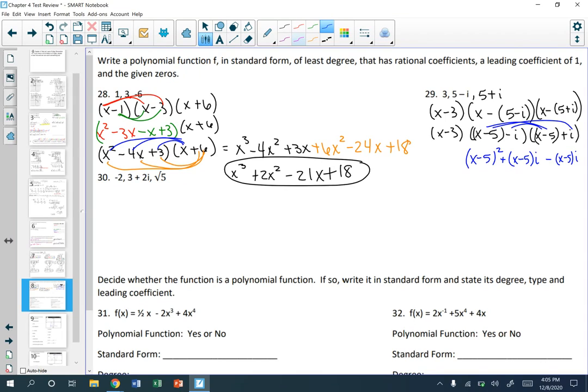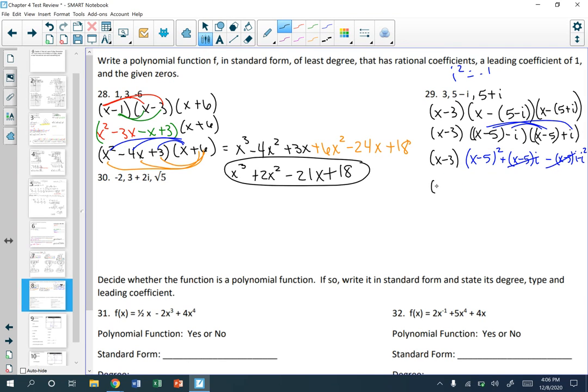And then my negative i times i is negative i squared. Okay, so when I clean this up, these two cancel. And remember, i squared equals negative 1. So I have negative negative 1, which gives me plus 1.